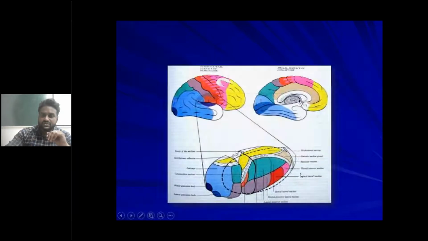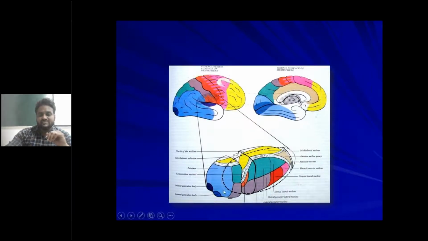Before we go to the connections of the thalamus, okay, once you see the nuclei of the thalamus, these nuclei receive, that means they have input and output fibers with the other parts of the brain.